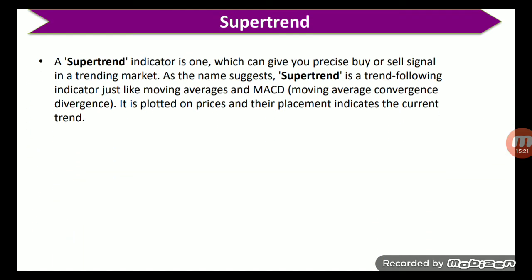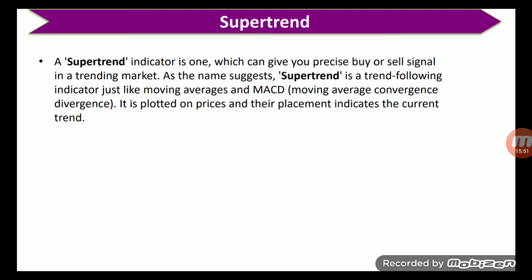And the last one we are going to discuss is the super trend. A super trend is one which can give you a precise buy or sell signal in a trending market. As the name suggests, super trend is a trend following indicator just like moving average and MACD, that is moving average convergence divergence.